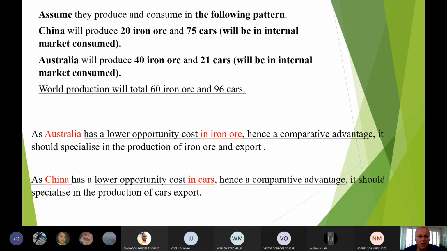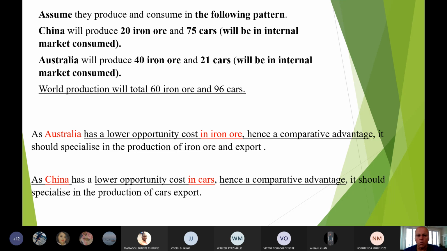Assume they produce and consume in the following pattern. China will produce 20 iron ore and 75 cars. Now we are bringing in these international relations to make some competitive market structure. Australia will produce 40 iron ore and 21 cars, consumed in the internal market.